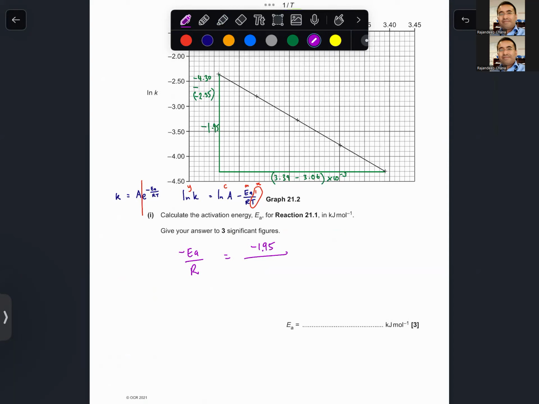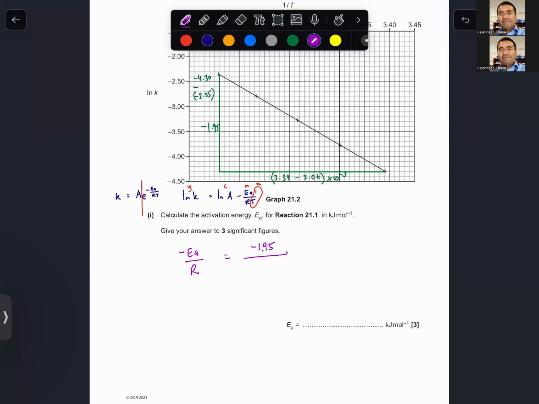Is it 3.39 minus 3.06, 10 to the minus 3? 0.39 times 10 to the minus 3 minus 0.06 times 10 to the minus 3.